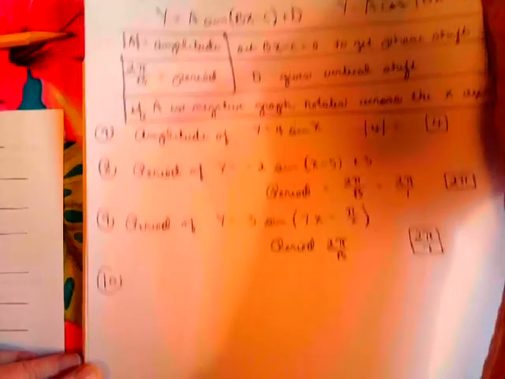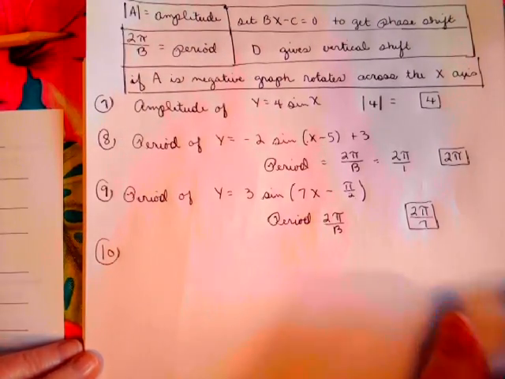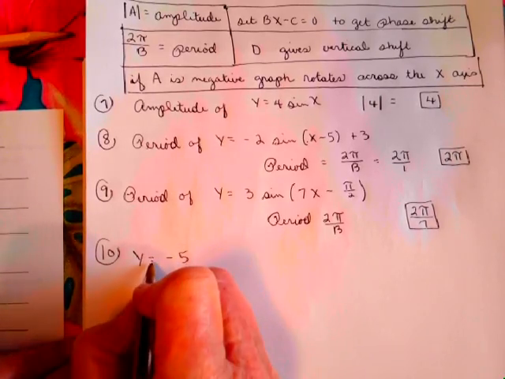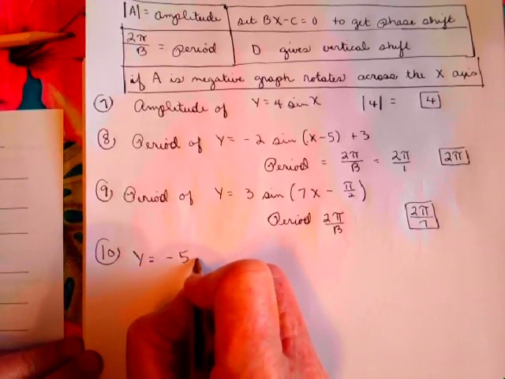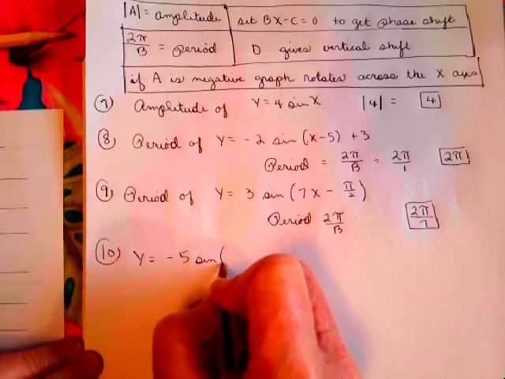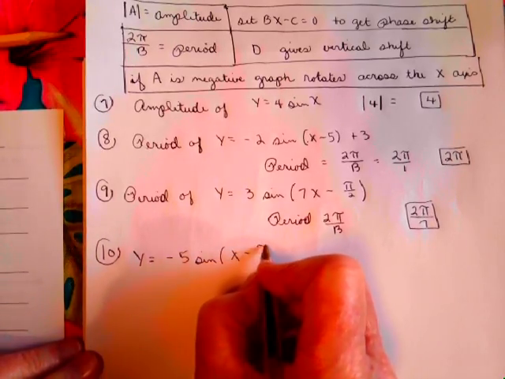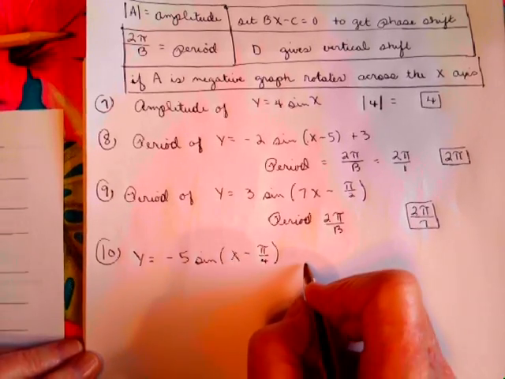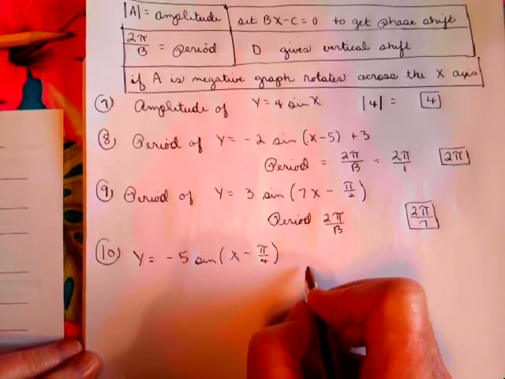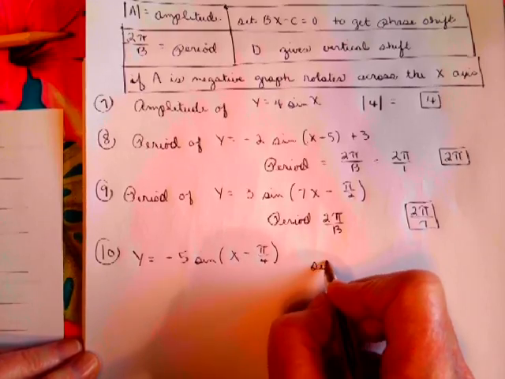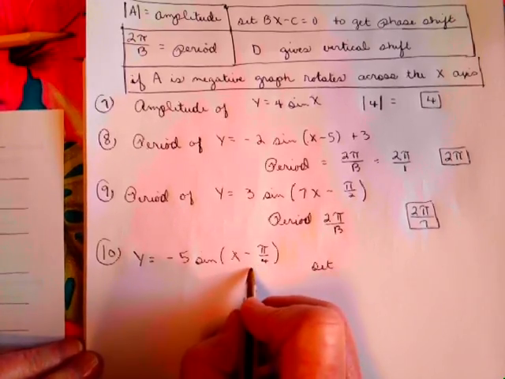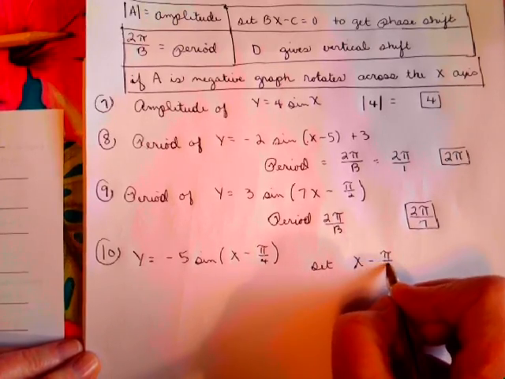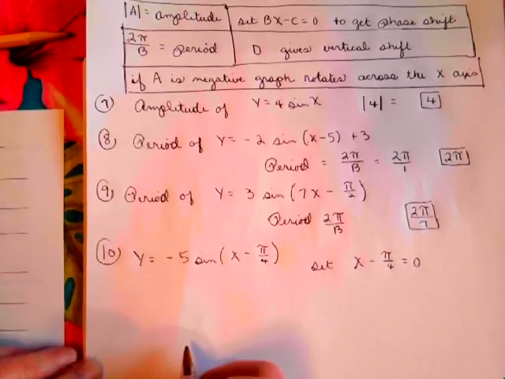Number 10. Determine the phase shift of y equals negative 5 times the sine of x minus pi over 4. To determine phase shift, set whatever's inside of the parentheses equal to 0. x minus pi over 4 equals 0.